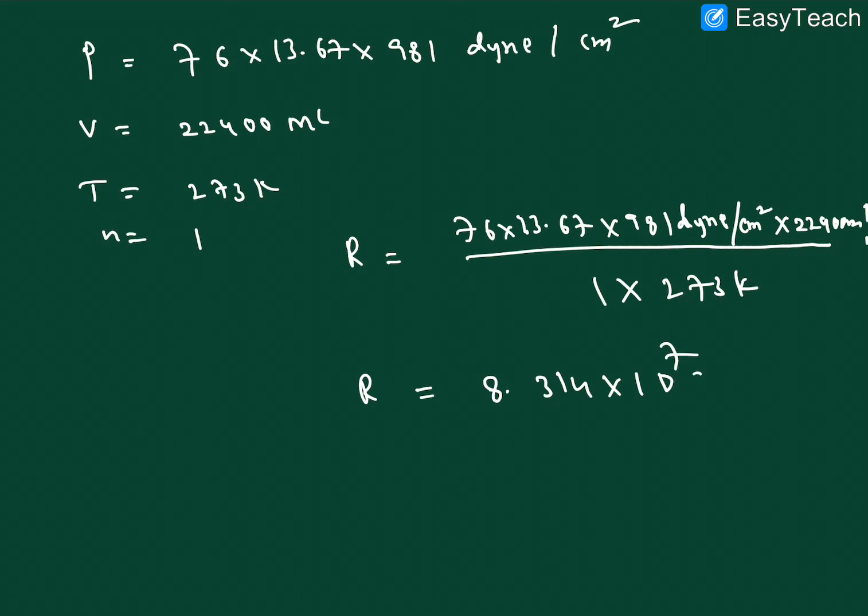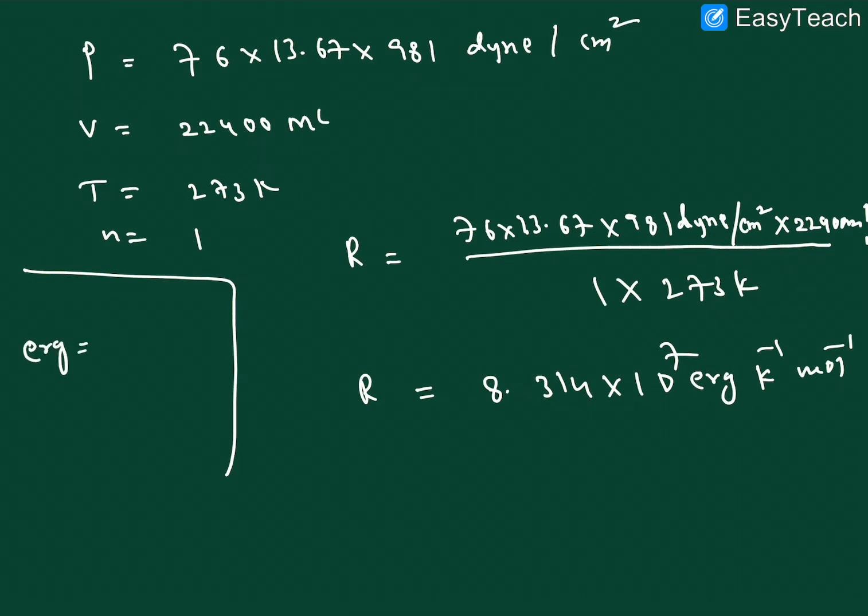How much will we get here? Nearly 1.987. So we can take it as nearly equal to 2 calories per Kelvin per mole, right? So this is also the gas constant in calories. I hope it is clear.